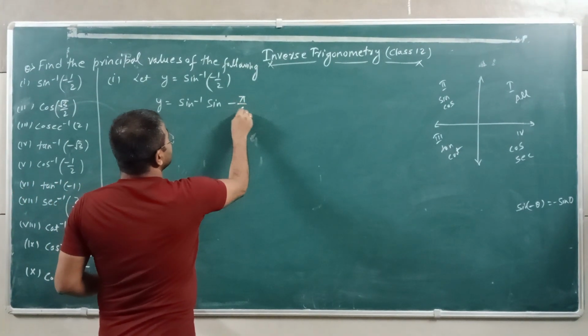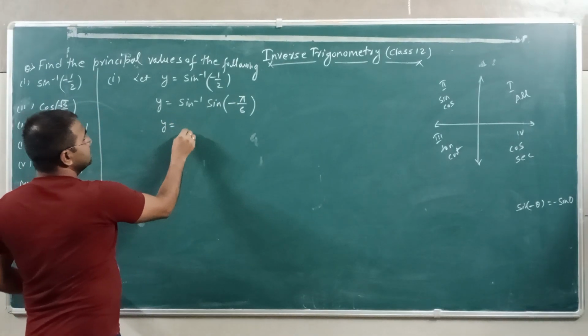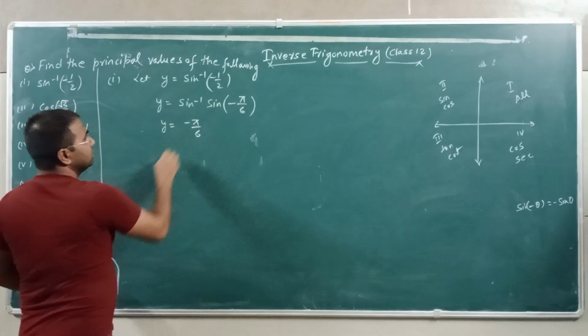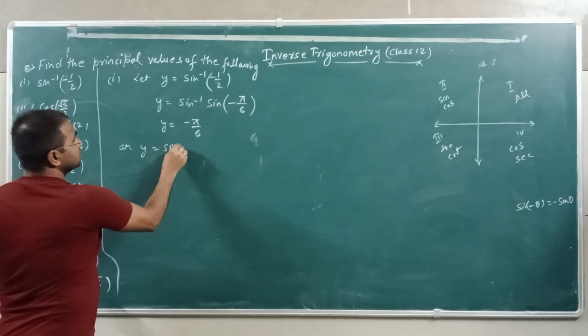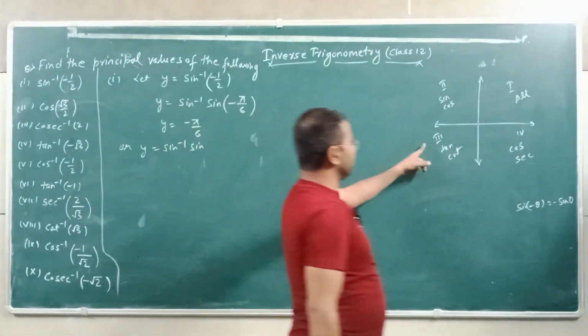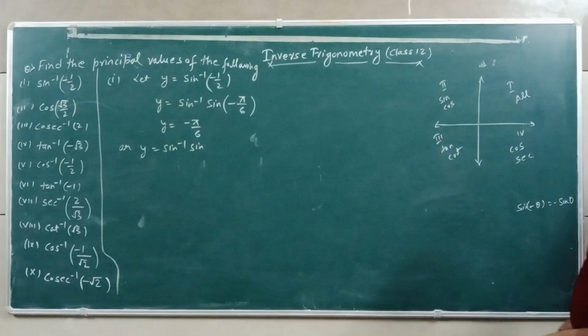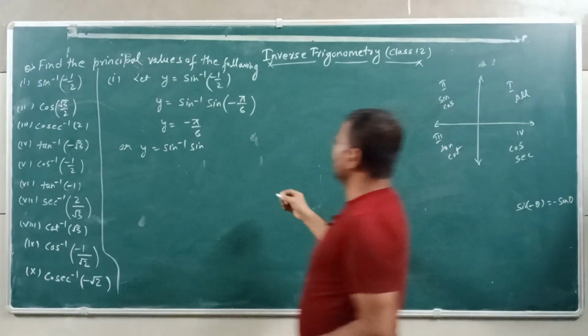So you will get y is equal to minus pi upon 6, or you can write y is equal to sine inverse sine of pi plus pi upon 6, or 2 pi minus pi upon 6.